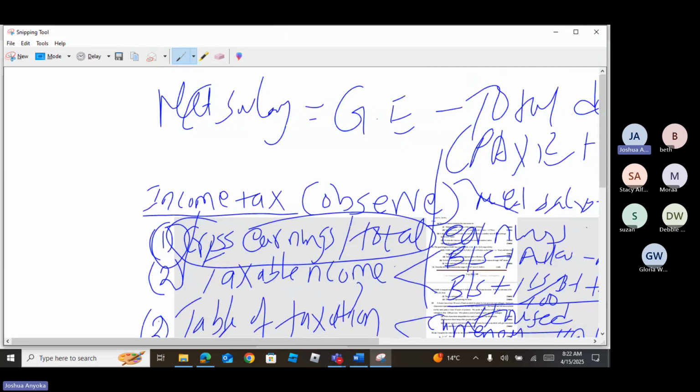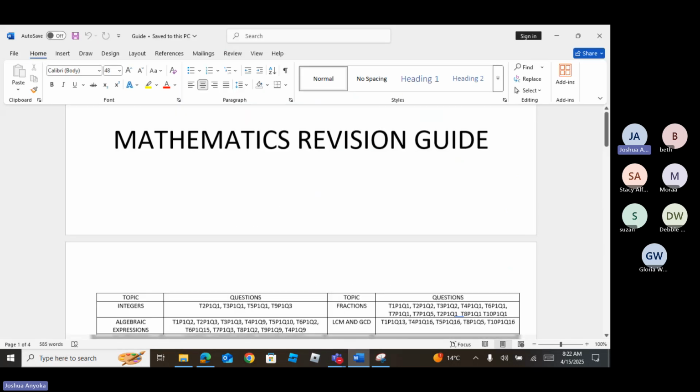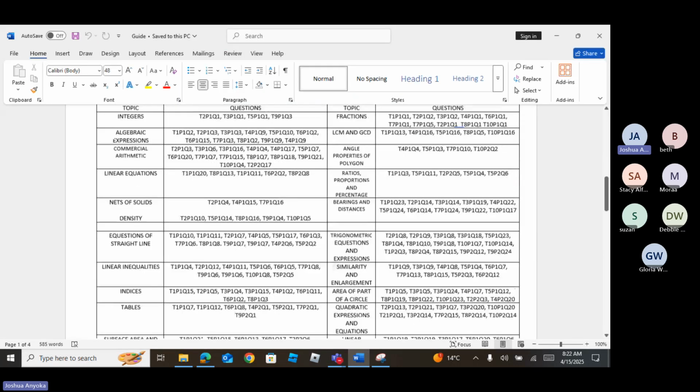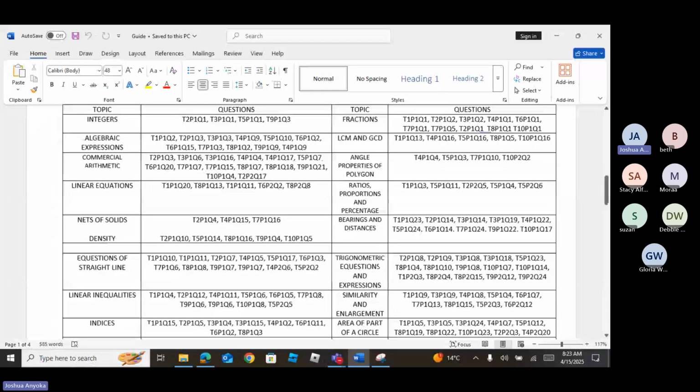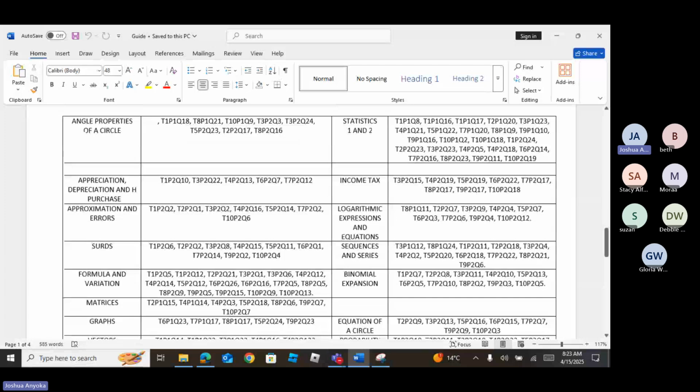So I want us to get back and address one question. We go to our guide. In our blue books, we have taxable income tax questions. We address the one that has 10 marks.